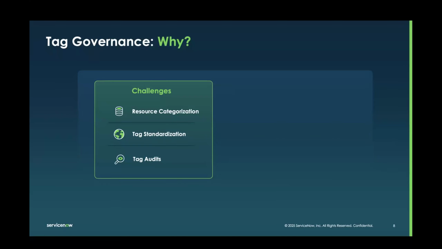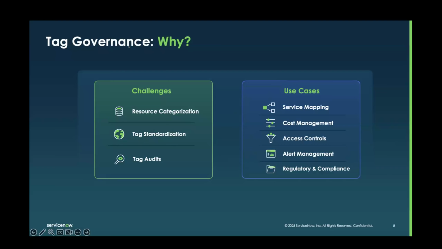And then you potentially could have reasons to perform tag audits, whether for compliance reasons, or just to assess your cloud, or as we'll see, VMware state. And then tag governance can effectively enable different use cases.